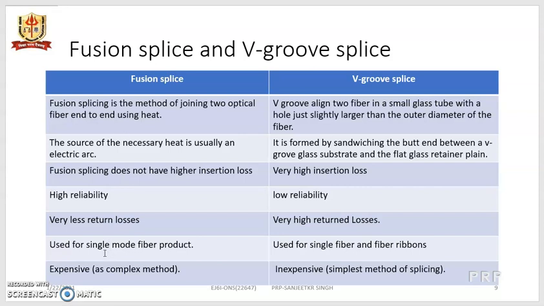And fusion splice is used for single mode fiber products, and V groove is used for single fiber and fiber ribbons. And fusion splice is expensive because of the complex method and the tools adopted, whereas V groove is a simple method of splicing and hence inexpensive.